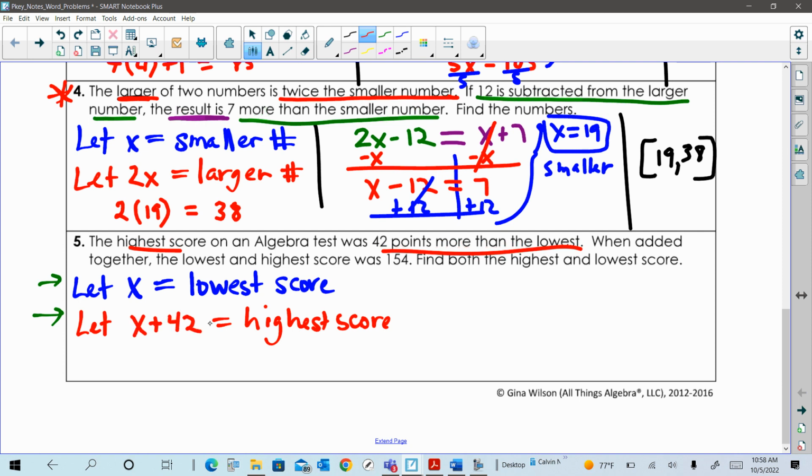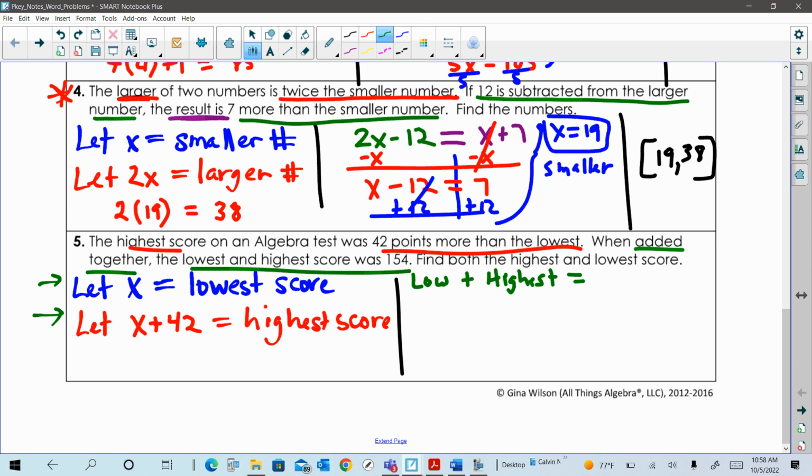There it is. Okay. All right, now it says when added together, the lowest and highest score was 154. So basically, they're already telling you what to do because it says when added, right? So we're just basically going to take the lowest plus the highest.